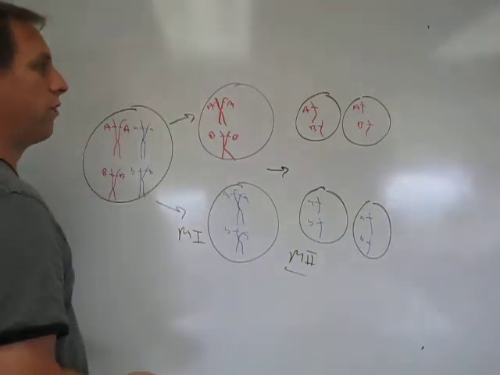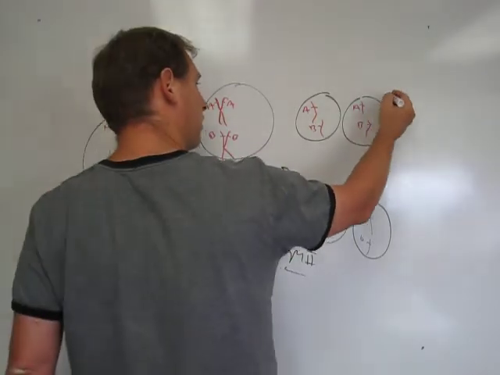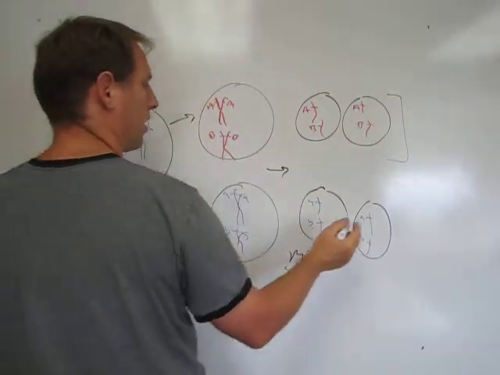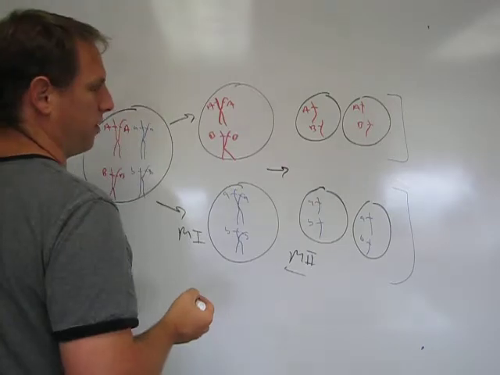So half the time you'll produce gametes like this in this particular way of segregation, and the other half the time you'll produce gametes like this.